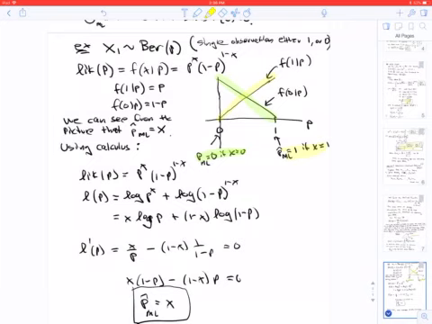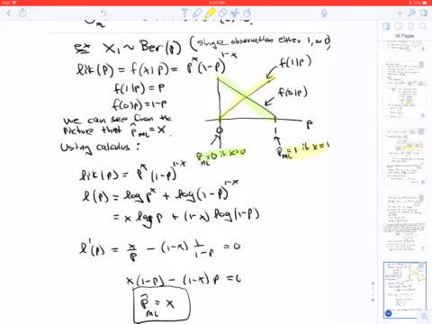So the question is, what p maximizes this likelihood? Obviously it would be when p is 1, because in that case f of 1 given p is as large as possible. So you can see that when x is 1, the MLE p hat is going to be also 1.